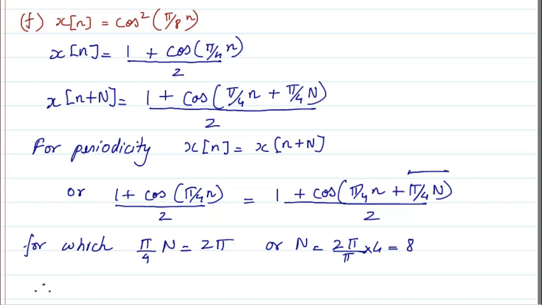Therefore, x of n is periodic with N equal to 8, or the fundamental period equal to 8. So like that, you can now select more and more problems and try to solve on your own. Thank you.